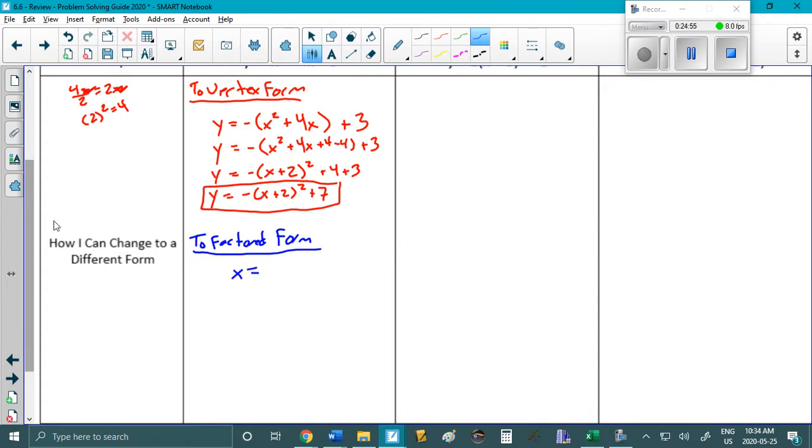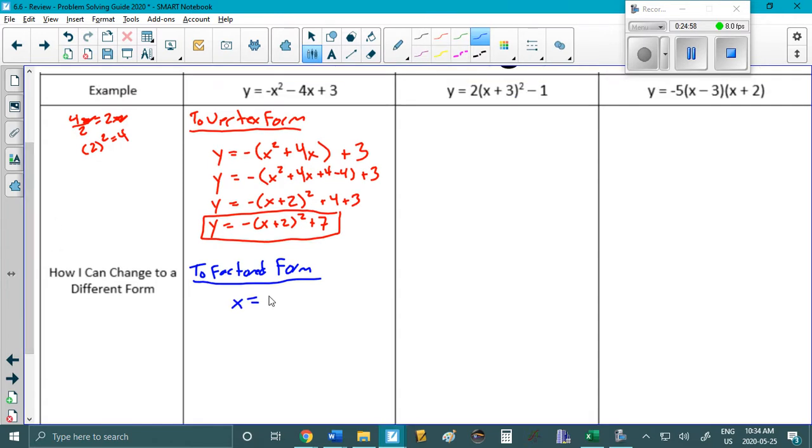So x equals -b, or +4, plus or minus the root of b squared, which is negative 4 squared, which is 16, minus 4ac, all over 2a, which is negative 2. So x equals negative 4 plus or minus the root of, this is going to be 16 plus 12, I believe, 28, over negative 2.